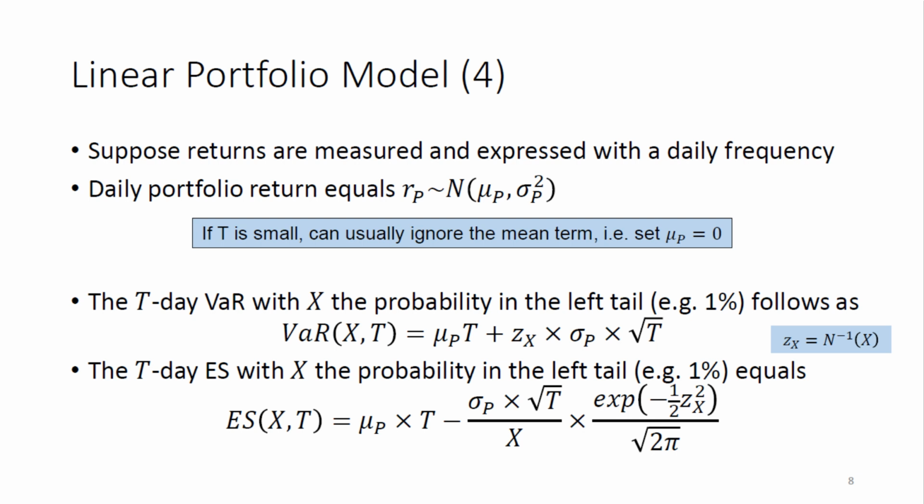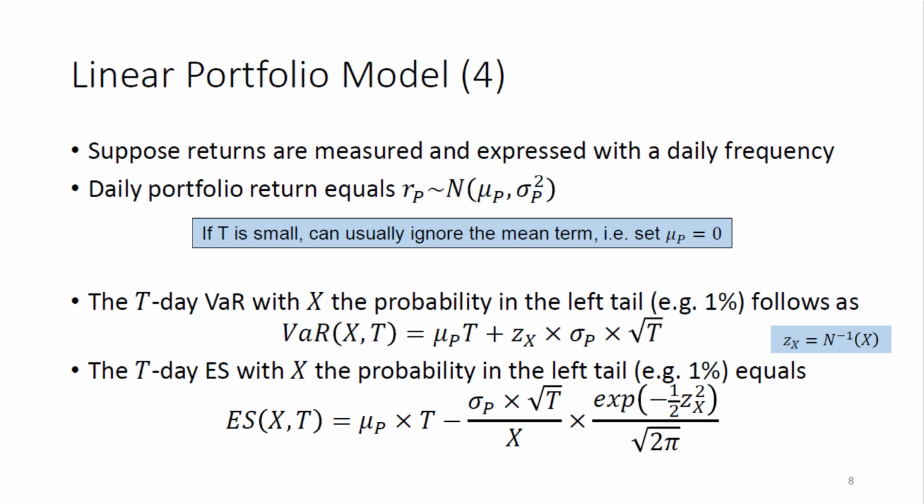So let's recall how we defined the value at risk of a portfolio. Now we are looking at the value at risk of the portfolio return. The critical level that we apply in this case is the probability mass in the left tail. So I said, for example, that's 1%. So there's a low probability that we have returns even worse than what we will find with the value at risk.